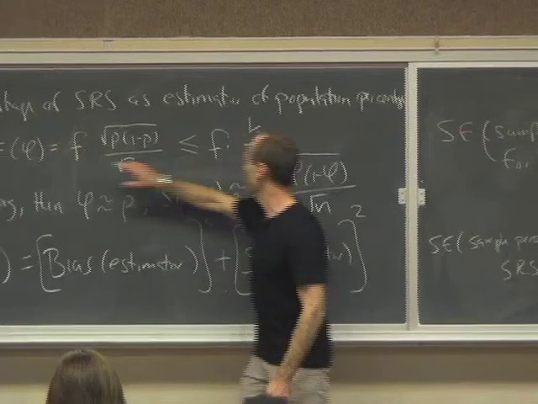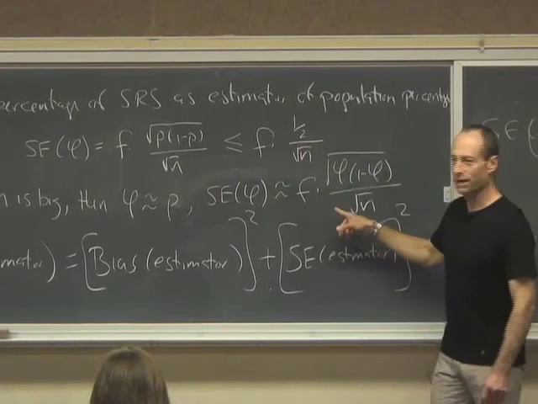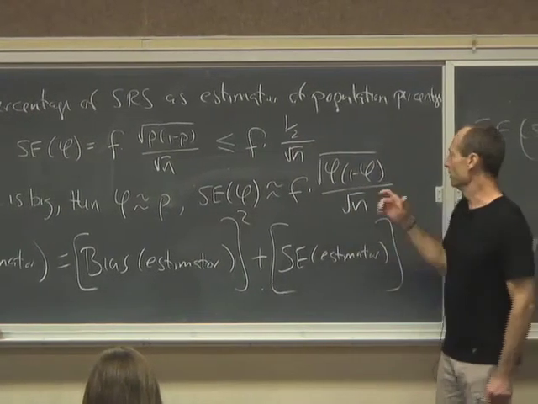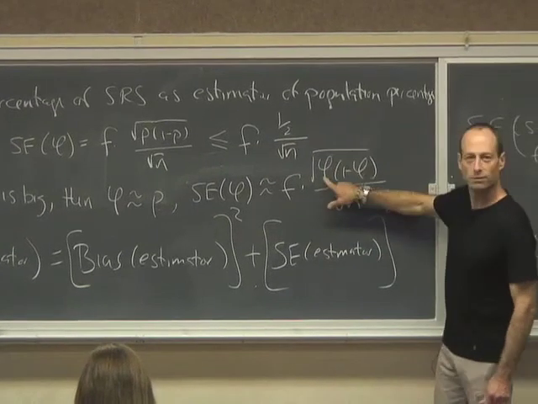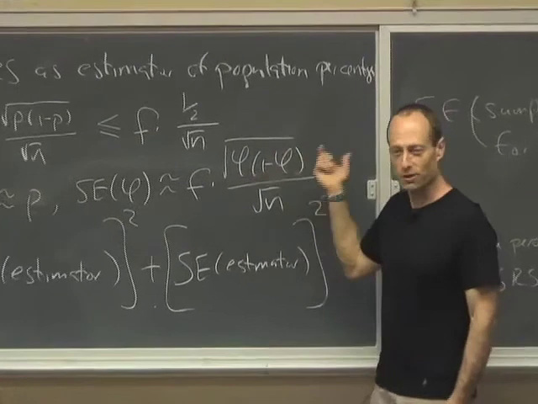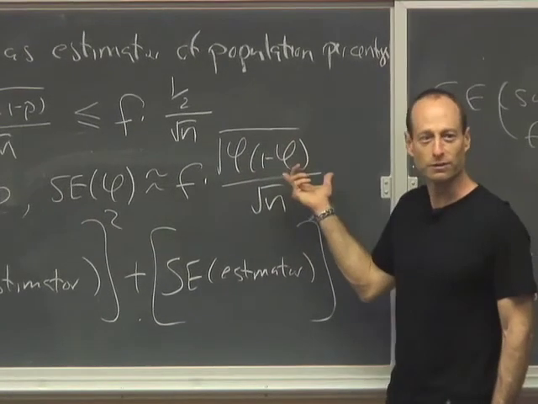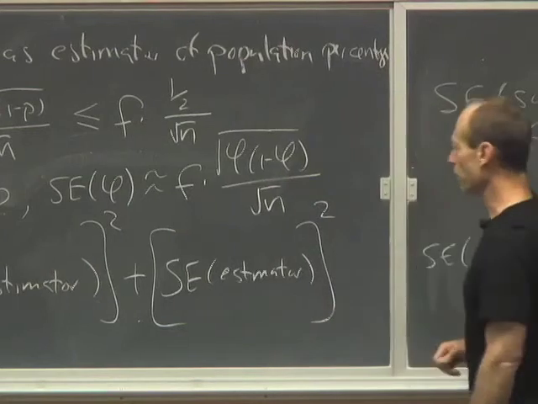What we needed for that was to get this upper bound. But this approximation isn't relying on that. This is the SD of the sample, right? The SD of a list of zeros and ones is the square root of the fraction of zeros times the fraction of ones. Yep. Okay, so I didn't quite close the loop here.